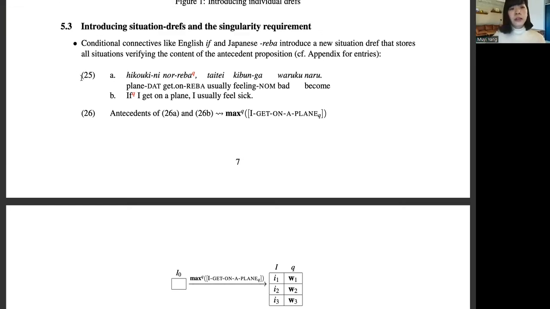So if we look at the examples in 25, if I get on a plane, I usually feel sick. Let's just look at the antecedent first. Here, what leba and if do, as you can see in the superscript, is that they introduce a new discourse reference Q. And what exactly Q looks like is that it's going to store all situations where I get on a plane.